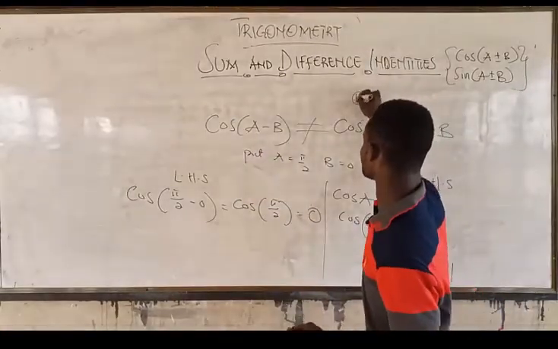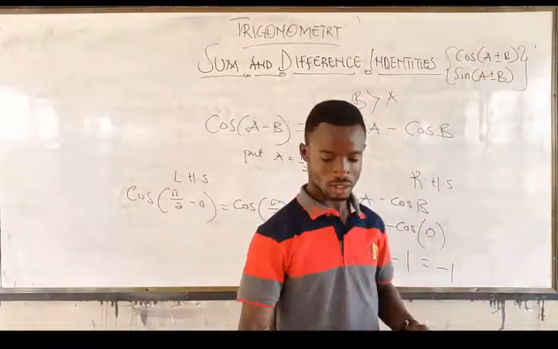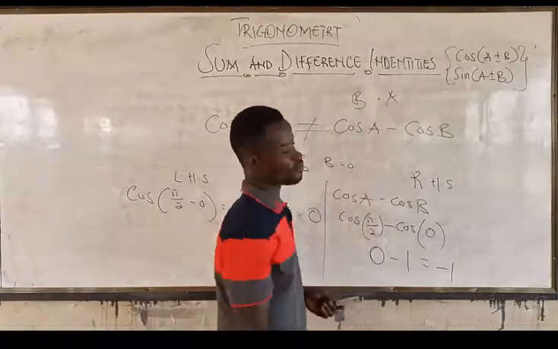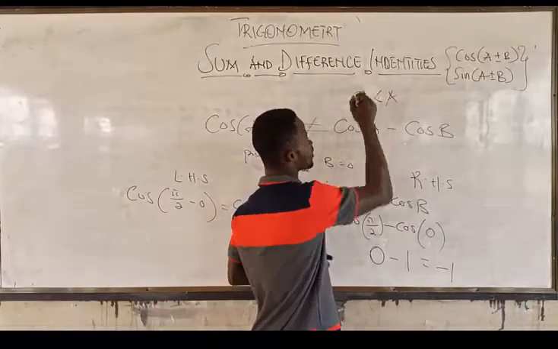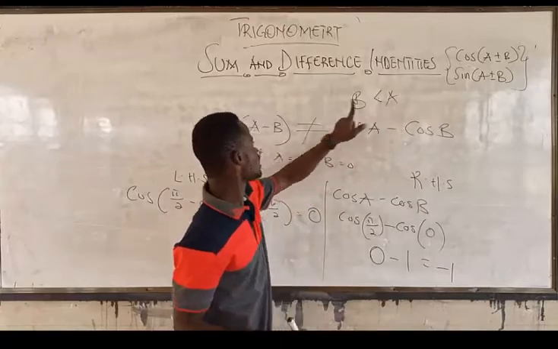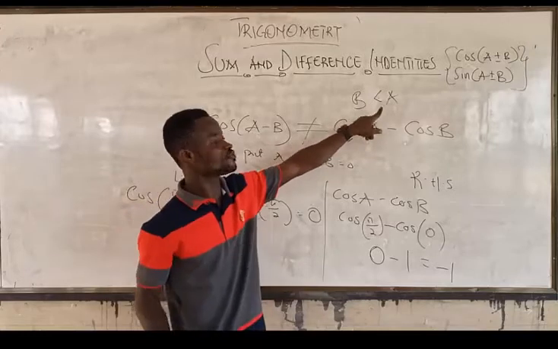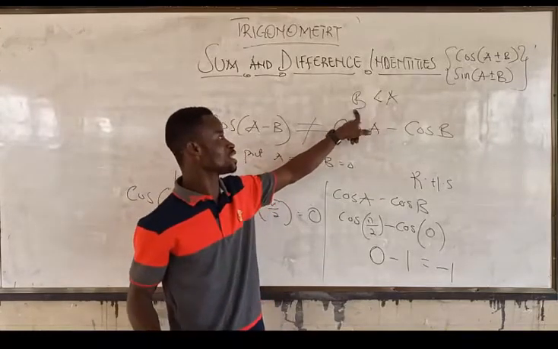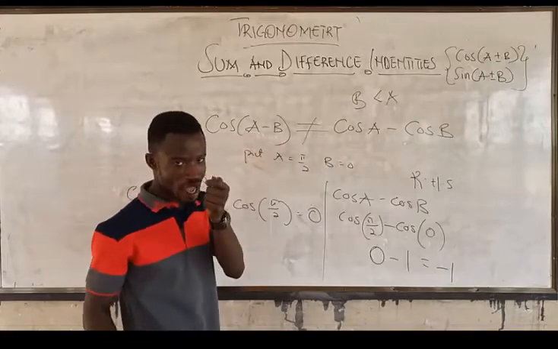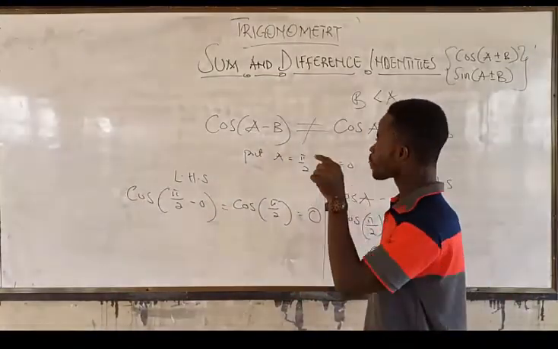We are going to take B to be less than A. That is why it is A minus B. Because if B is greater than A, there is no way when you subtract, you are going to get a negative argument.